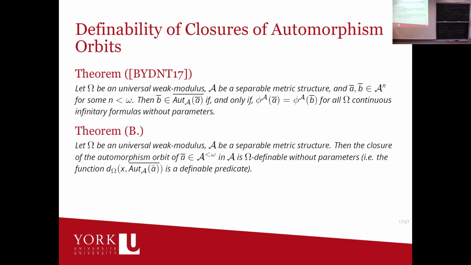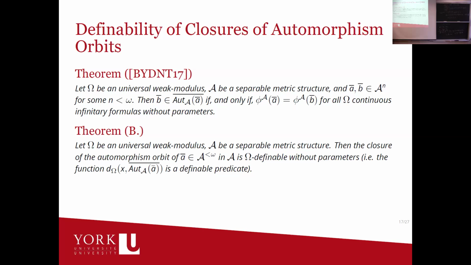And so using all of this machinery, we can actually get to a definition that for any tuple, there is actually a formula that gives me the distance to the automorphism orbit. And okay, once you have the distances to all the tuples, then you can do any definable set because definable sets are automorphism invariant.